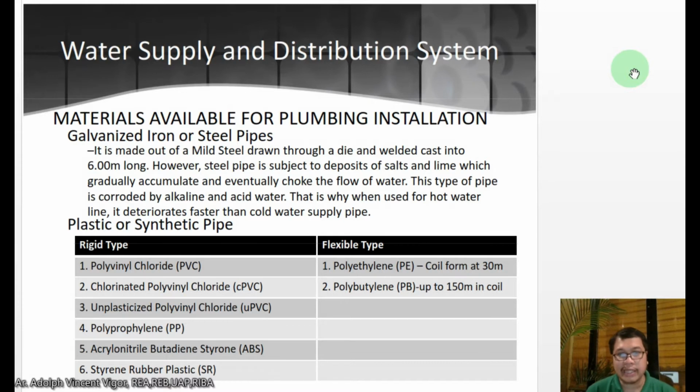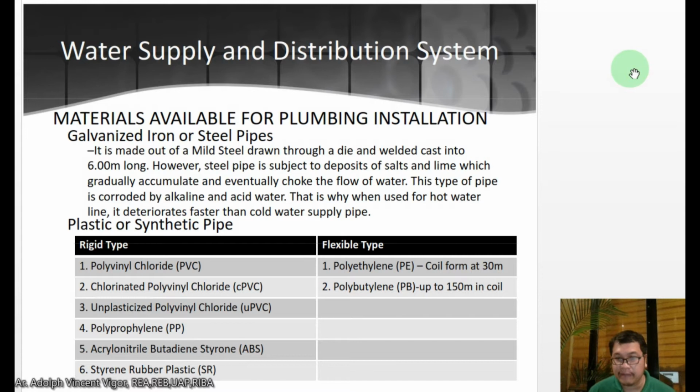So these are the types of pipe for the plastic or synthetic pipe. So when you say rigid type, it's something that is not easily bendable. So it's in place. I think you can see a lot of those when you try to look at the plumbing system of your homes or in the university.